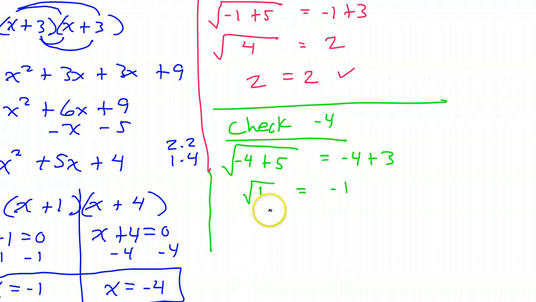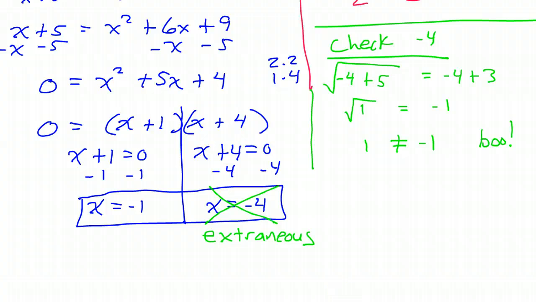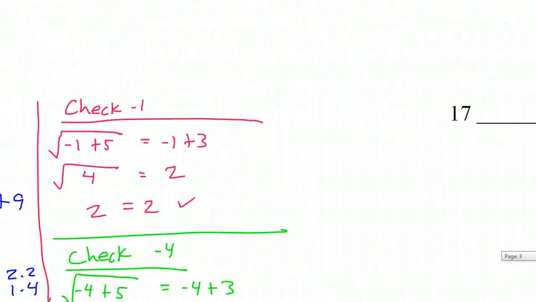I see the problem. Square root of 1 is 1. And 1 does not equal negative 1. So boo on that one. So that means that negative 4 here is extraneous. Okay, which means that x equals negative 1 is the one and only answer to number 17.